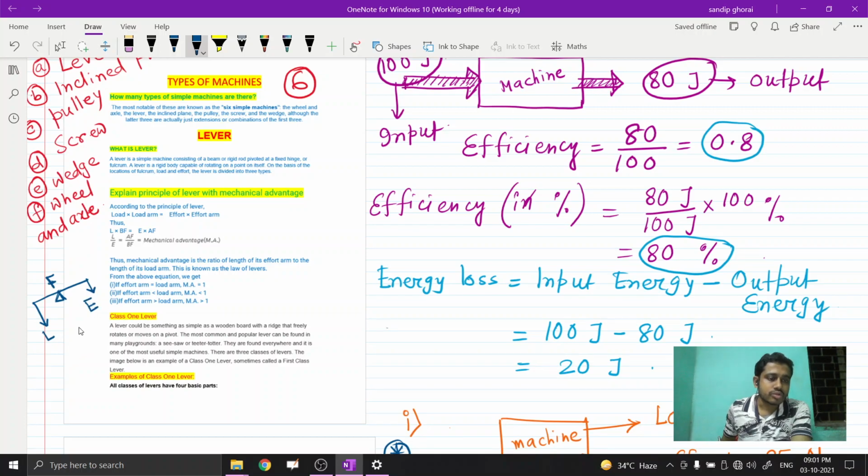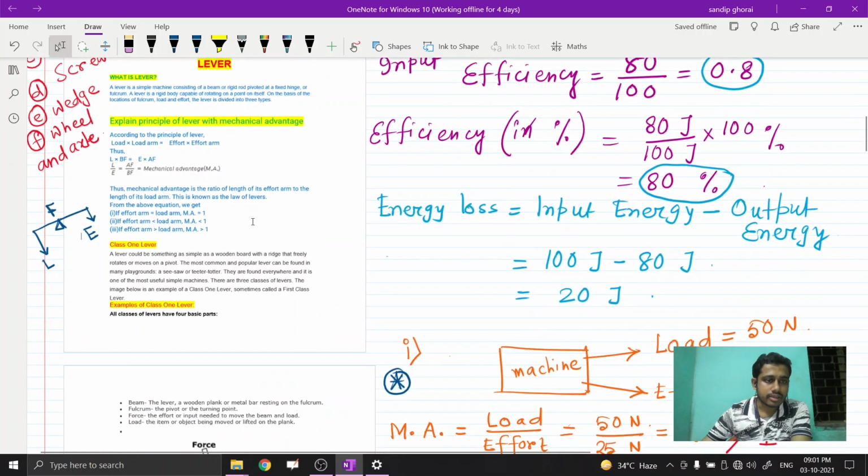Okay, so here we also know about what is load arm and what is effort arm. From this figure, the distance between load and fulcrum is called load arm, and the distance between effort and fulcrum is called effort arm.